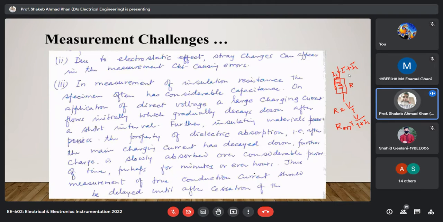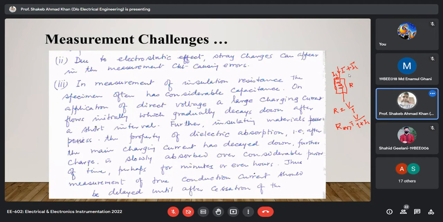Then I talked about the dielectric absorption. Actually, there are charges inside the body of the insulation also, and these free charges take some time to recombine with the positive and negative charges. It takes a lot of time, sometimes even hours. There is no other way to get rid of dielectric absorption current.